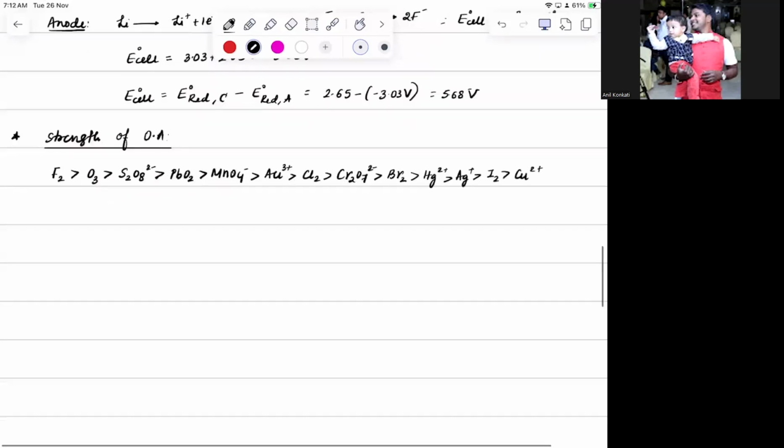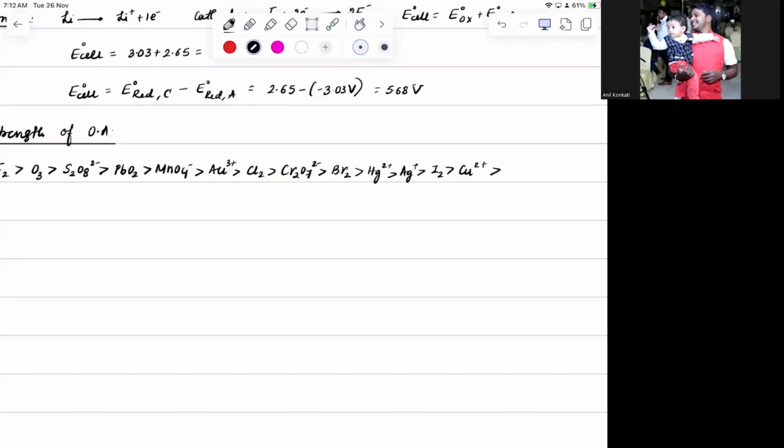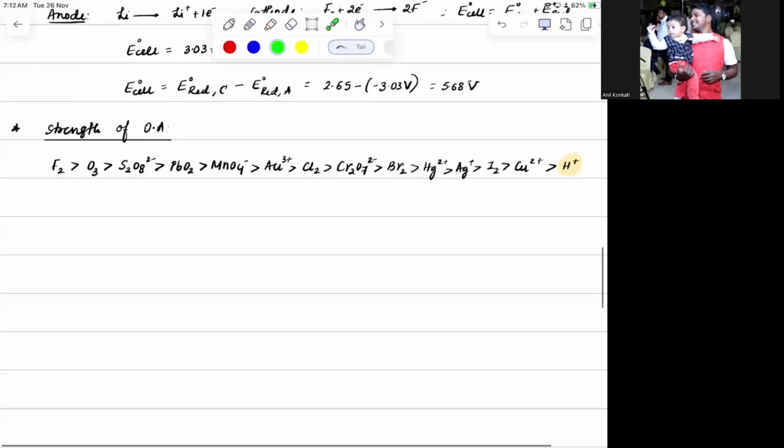Now, listen up. These are all the oxidizing agents which would have greater value than hydrogen. H plus is assigned as 0. Above that, this is the value you need to remember.